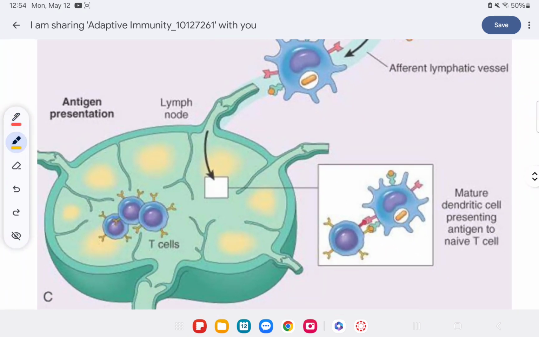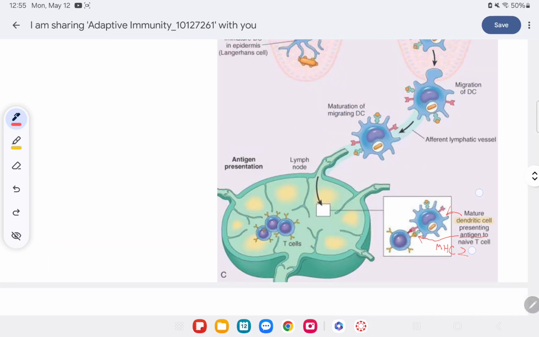And we remember that's their role, display it on MHC2, but then look at all these little pieces. All those pieces can also stimulate. Dendritic cells are not the only ones that can present. Remember that macrophages can do it, and so can the B cell. So these little bits that just came out, remember that in the lymph node, B cells are there too.